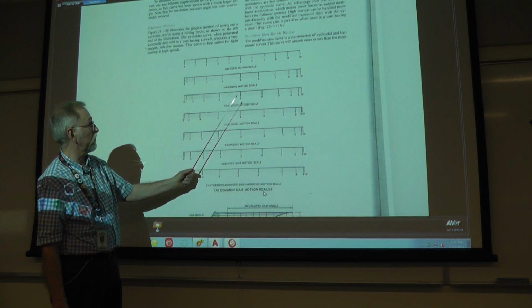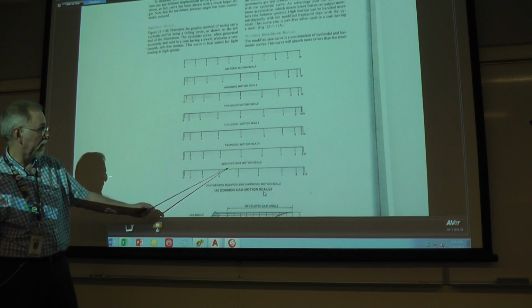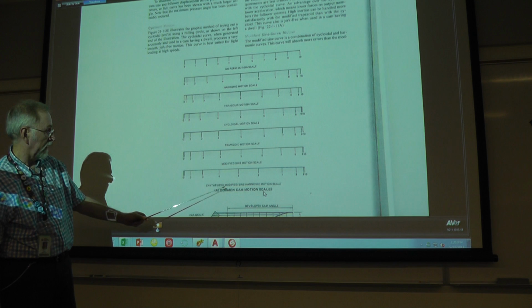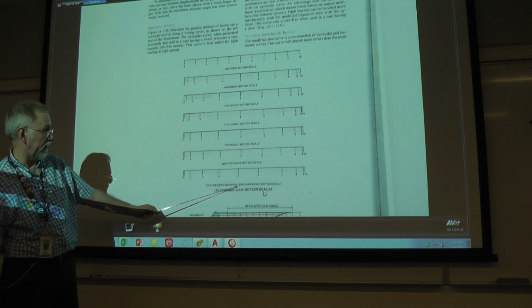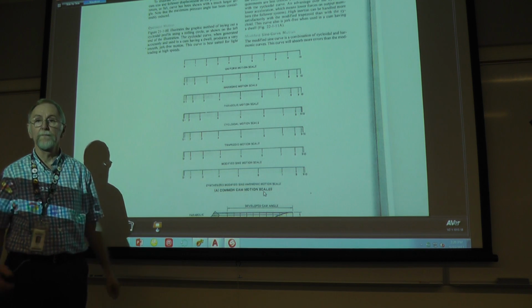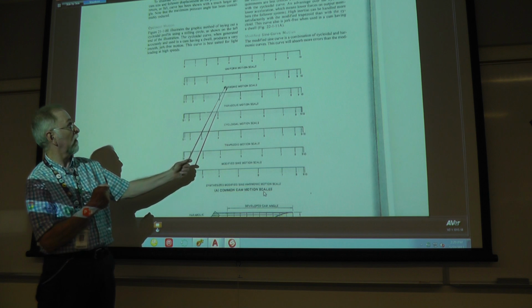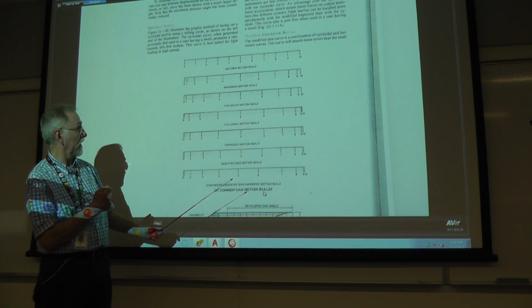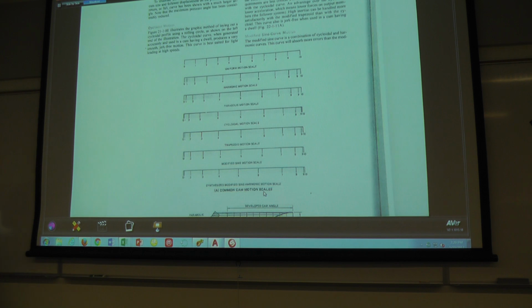So harmonic motion, parabolic, cycloidal, trapezoid, modified line motion, and synthesized modified sine harmonic motion scale. If you were doing this, I was going to have you do harmonic motion, and one of these others corresponds to the uniformly accelerated and retarded motion.